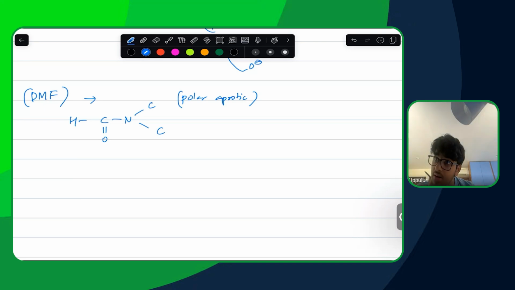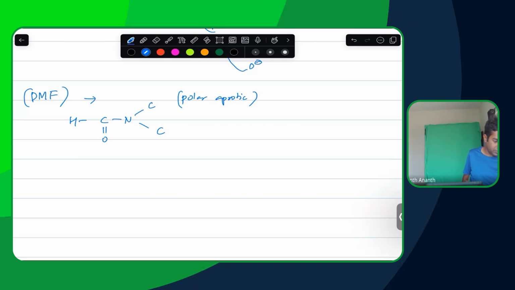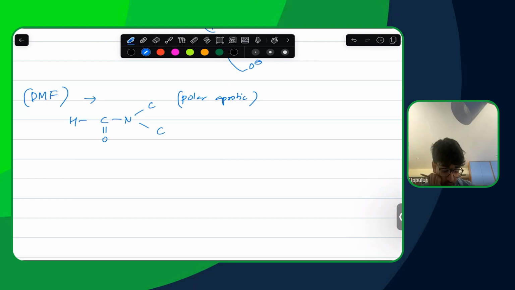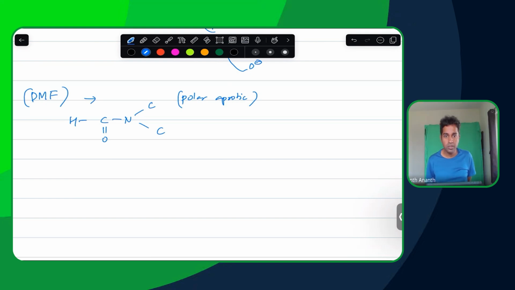When you say stable, what do you mean by stable? If I increase solvent polarity, what is going to be more stable? Charged species, yes. Because when I increase solvent polarity, the charged species are going to be more nicely solvated.